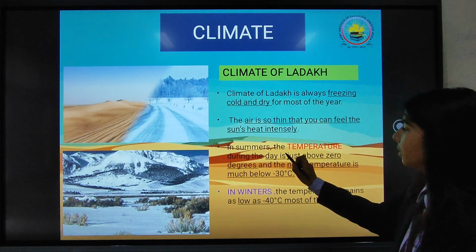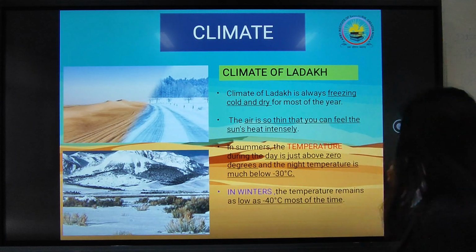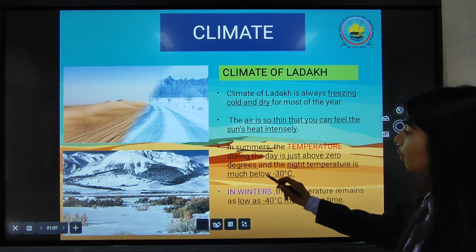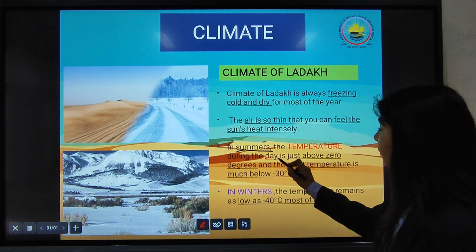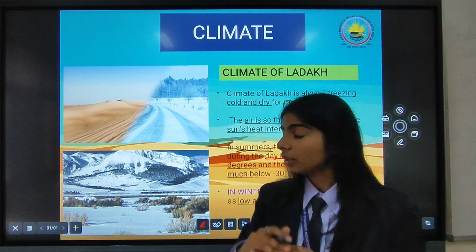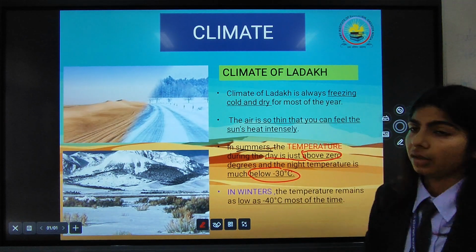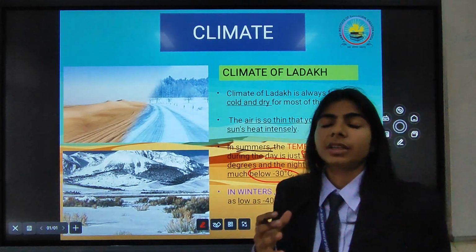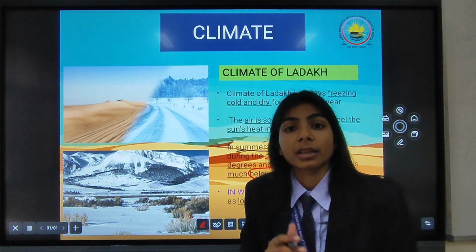Next one is, in summers the temperature during the day is just above 0 degrees. In the summers, during the day, it's above 0 degrees, and in the night time it goes below minus degrees.